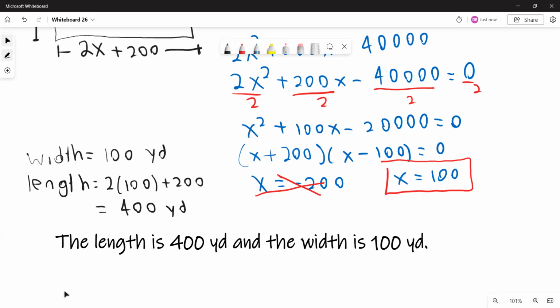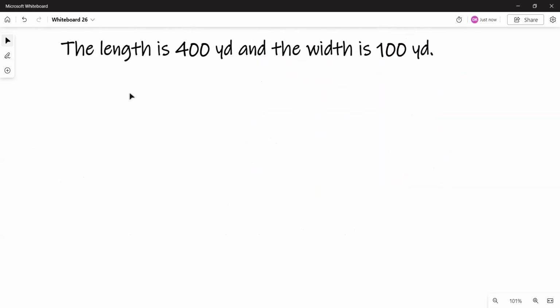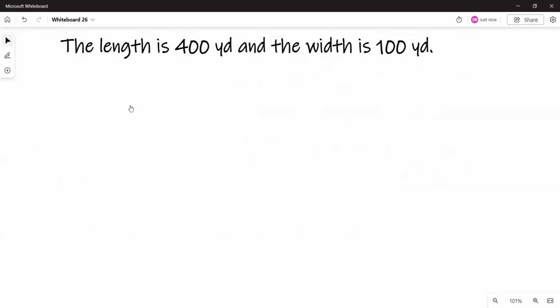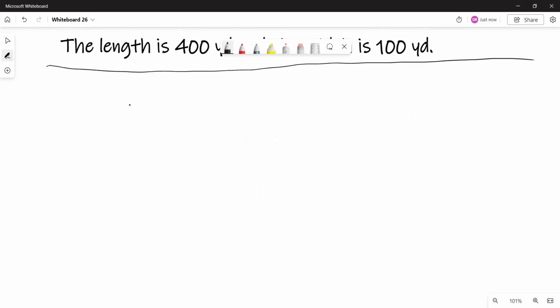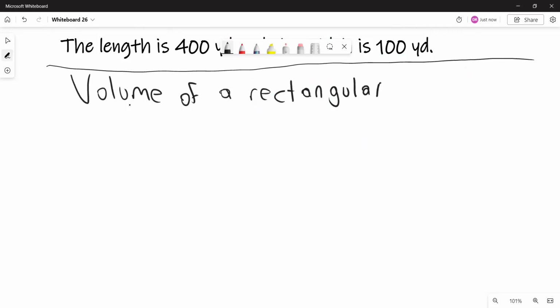Okay, we're going to do the next example with the volume of a rectangular box. That's going to be the next formula. I mentioned this in the section with linear models.